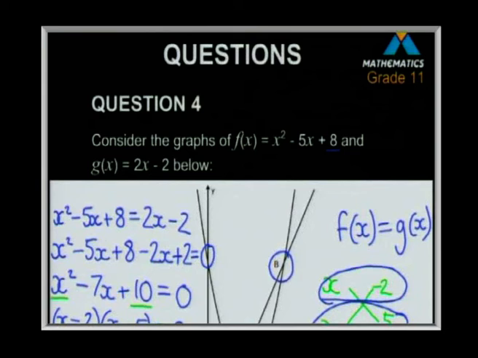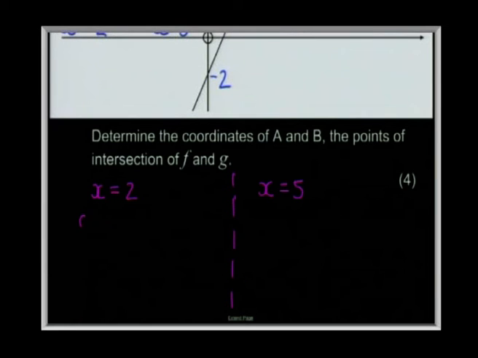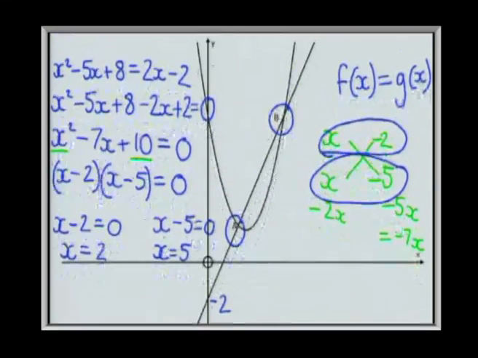Our formula for the straight line was g of x is equal to 2x minus 2. So I'm now going to substitute 2 in for x, which means instead of writing an x over here, I'm going to put a 2, equals 2, and instead of writing an x, I'm going to put another 2, and minus 2. Let's check that it's still the same.